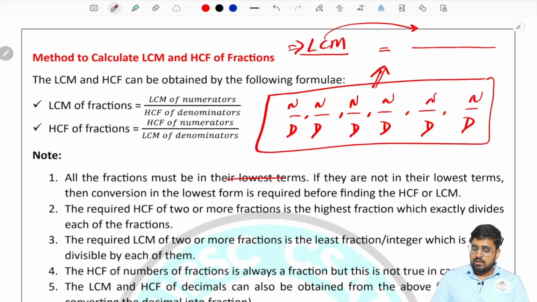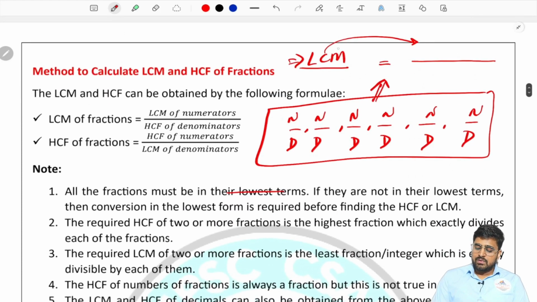For example, if the question asks you to find the LCM of the fractions, then take the LCM of the numerators. Numerators are the numbers above in the fraction. So take the LCM of the numerators and the HCF of the denominators.